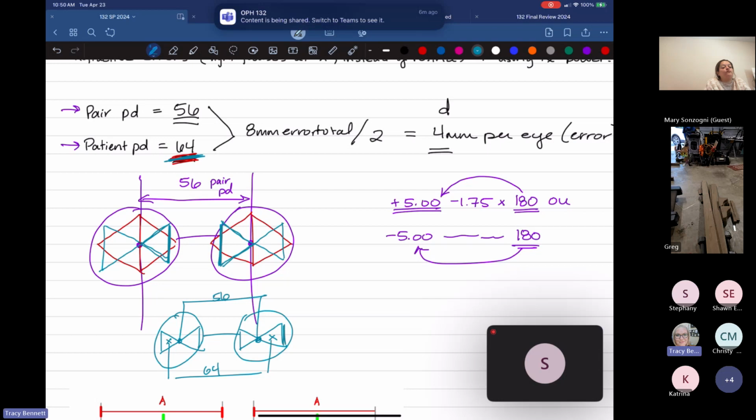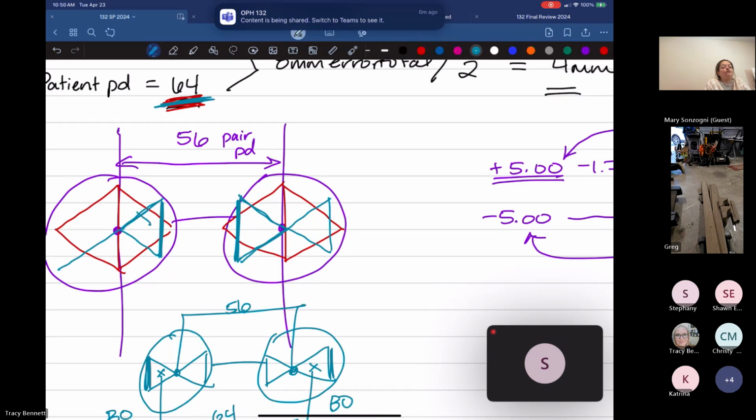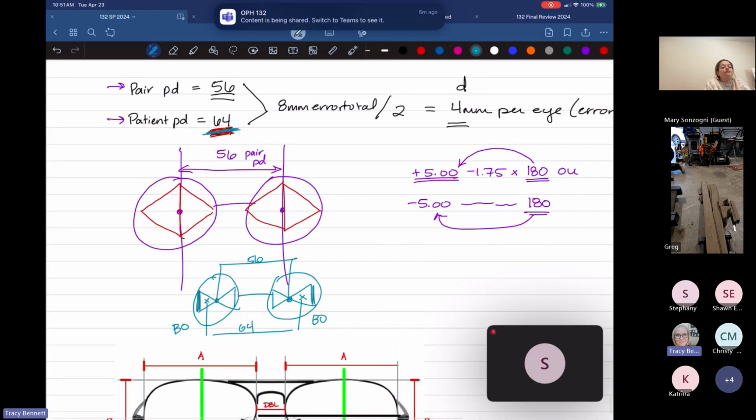And yes, that would be base out and base out. So you see the difference between them. Same scenario, but if you've got a +5 versus a -5.